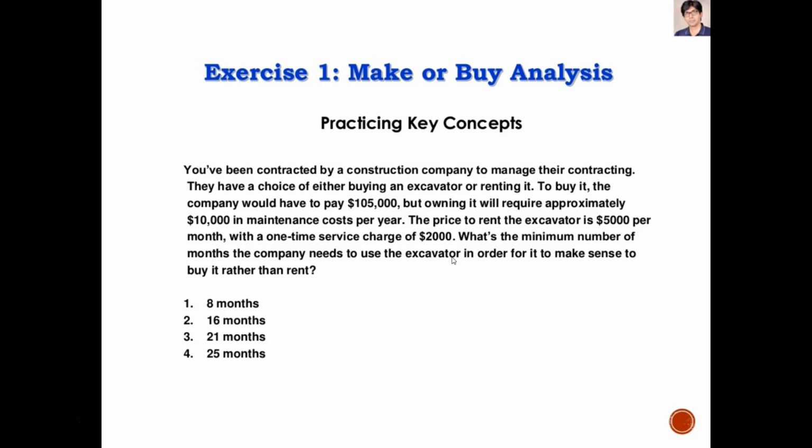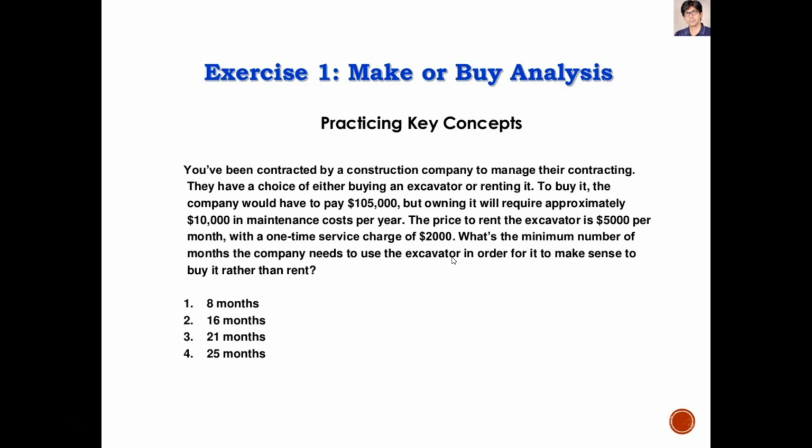So in fact, I'm probably going to look at this and go, well, let's see what happens at 21 months. So 21 months at 5,000 happens to be 105,000 plus 2K or 107,000, right? Does that make sense? So at 21 months, it's 107,000.